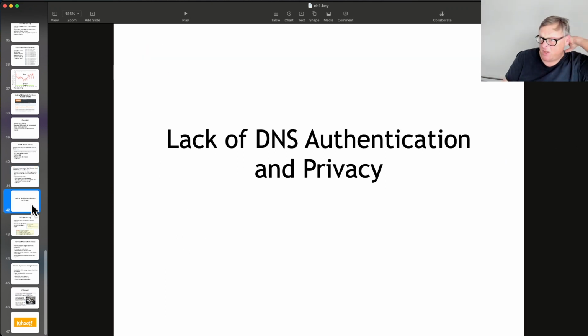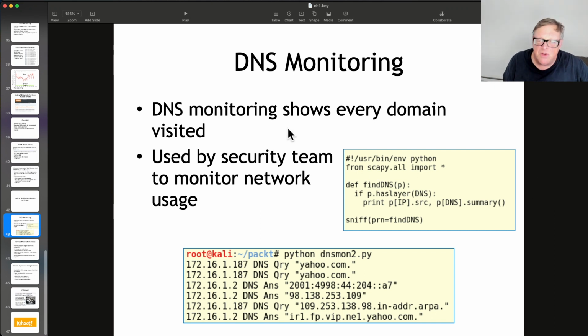All right. Another issue is the privacy implications of DNS. If you just monitor DNS, you'll see that all these packets are sent in plain text every time. Every time you type a URL in your browser, it sends a request to resolve it, and that typically goes by unencrypted UDP. So on your local network, there's an unencrypted packet telling everybody every domain you went to. Monitoring this is extremely helpful for your security team. Many people are very addicted to this.